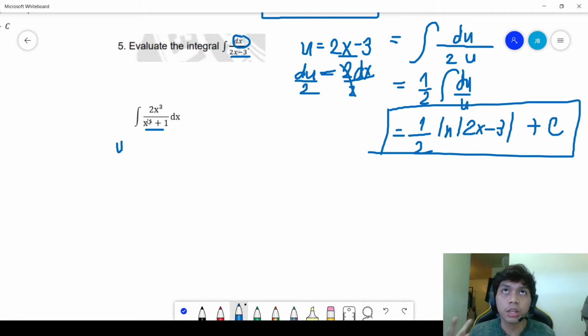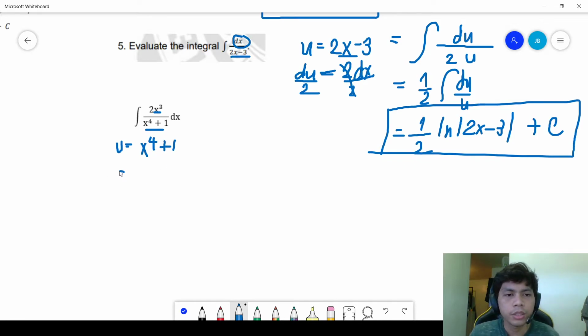So using our common sense, if you let u be the denominator, its derivative is 4x cubed. You can see x cubed here, right? So it can be integrated if you let u be your denominator. So now you will have x to the fourth plus 1.